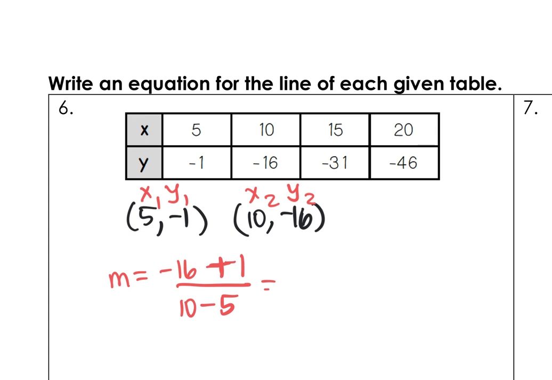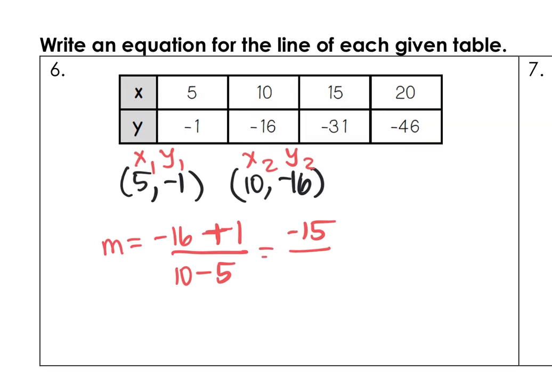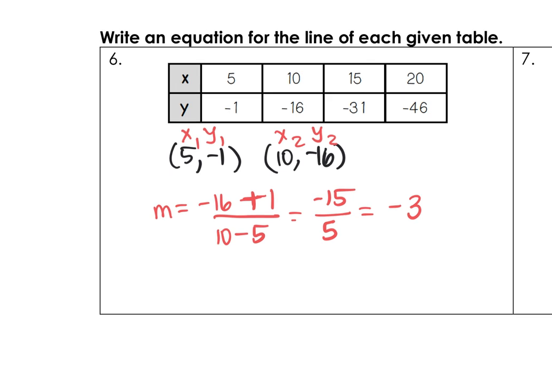Negative 16 plus 1 is negative 15. 10 minus 5 is 5. And when I simplify that, negative 15 divided by 5 is negative 3. Yep, negative 3 over 1, but that's just negative 3. Okay, now the new part. I have the slope.